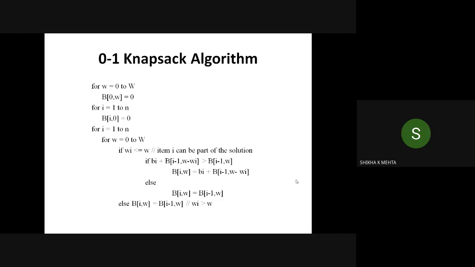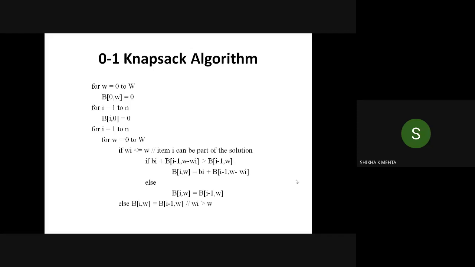Here you can see the pseudocode for solving this problem. For w equal to 0 to W, small w weight, we consider all the weights. As we said, in dynamic programming we find all the possible solutions, but we also try to reduce the complexity.